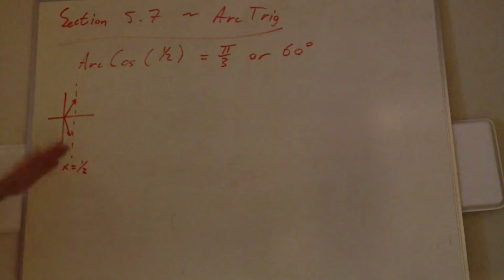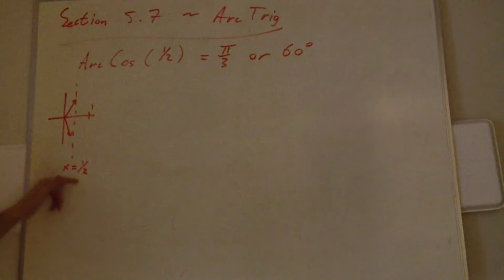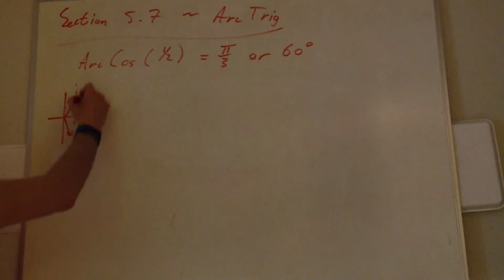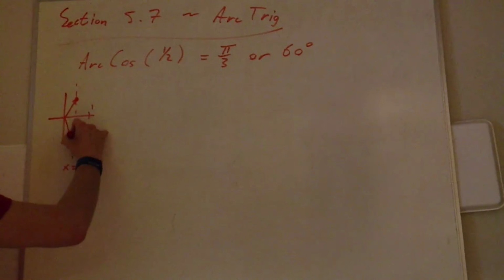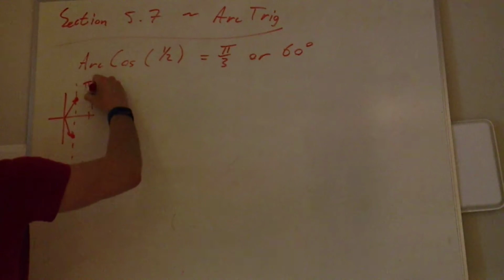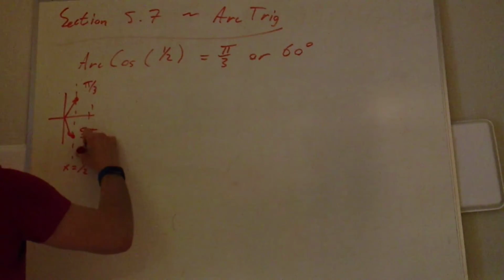If you're looking at a coordinate grid, this is x equals 1/2. X equals 1 would be right there. There are two angles on the unit circle that will give you an x value of 1/2. Pi over 3 is the top one. 5 pi over 3 is the bottom one.